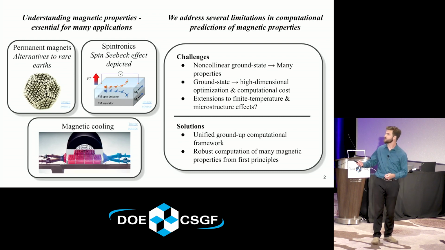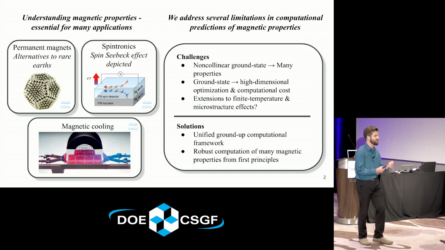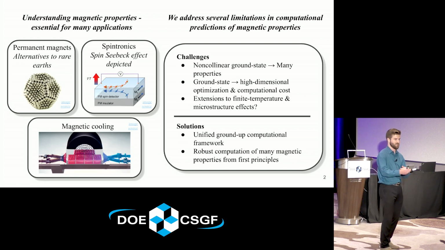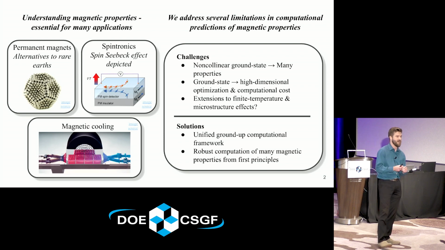So there are many challenges associated with modeling magnetism at the atomic scale. A lot of us here are familiar with density functional theory. It's an approximation to the many-body Schrodinger equation. And non-collinear magnetism, most magnets have some non-collinear component, so their spins don't lie along a common axis.